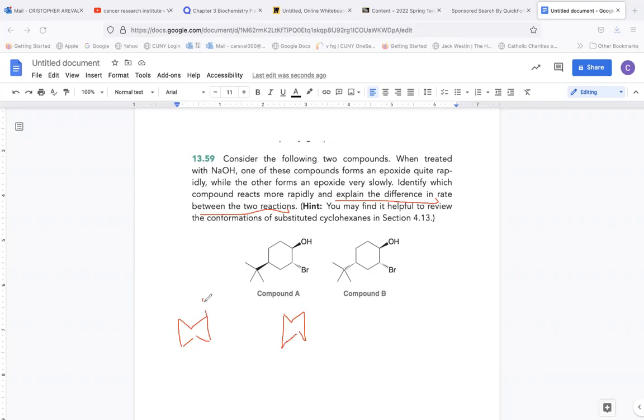So here, the O is here, the OH is here. All right, terbutyl.